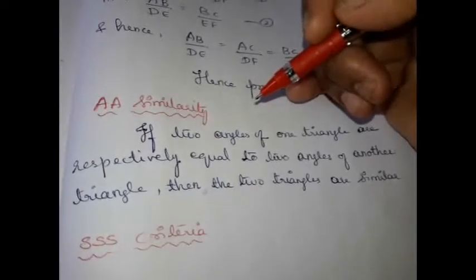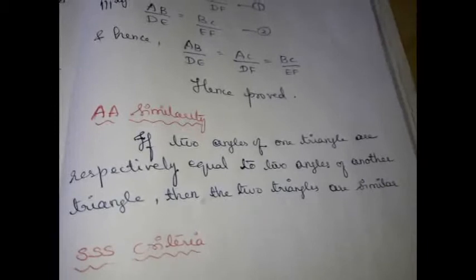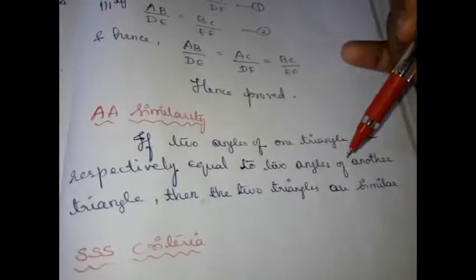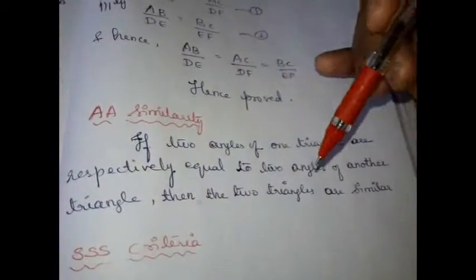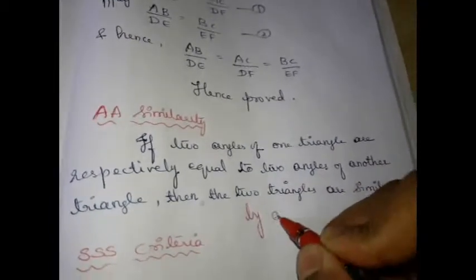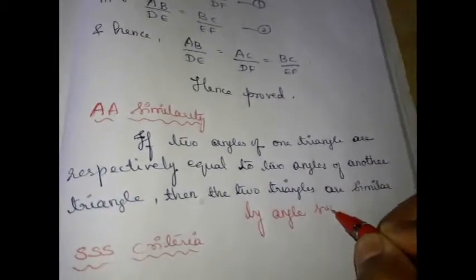What does it say? It is not necessary that all three corresponding angles should be equal. It suffices if any two corresponding angles are equal; the two triangles will become similar. If two angles of one triangle are respectively equal to two angles of another triangle, then the two triangles are similar. This is by angle sum property.